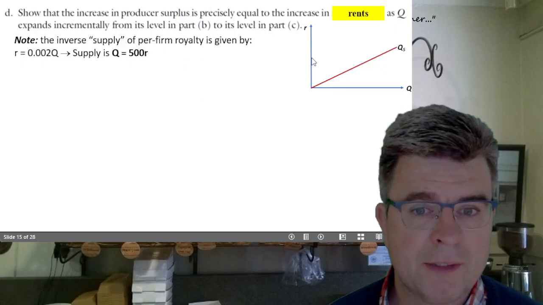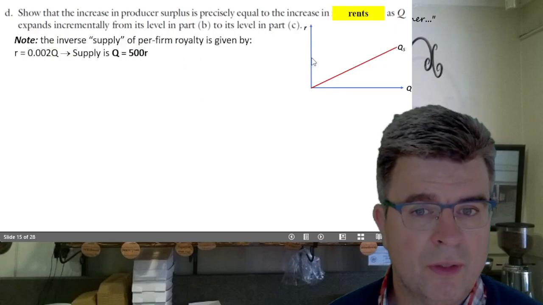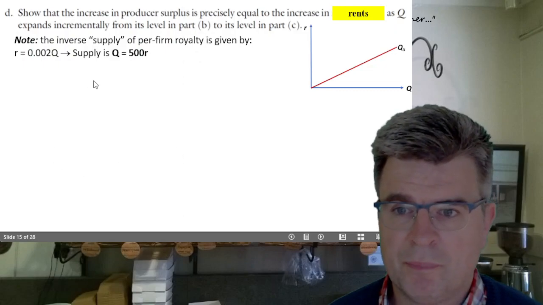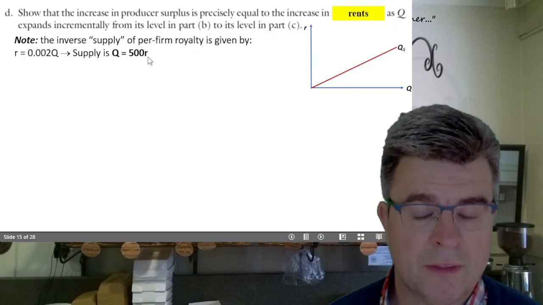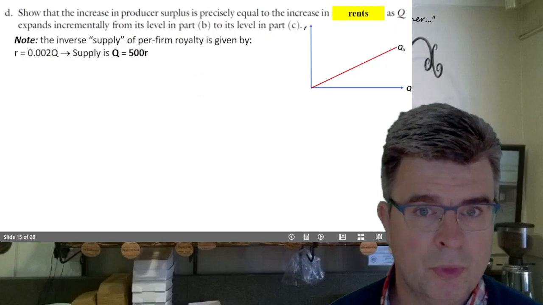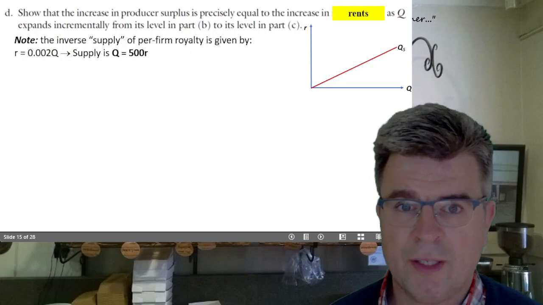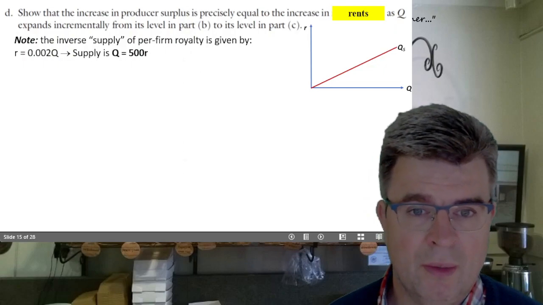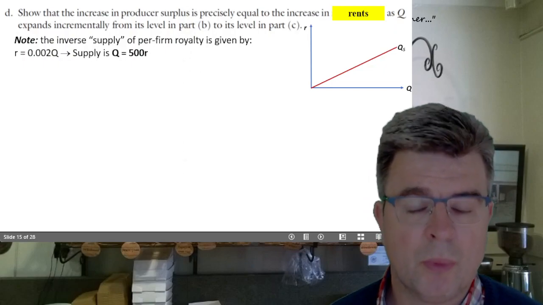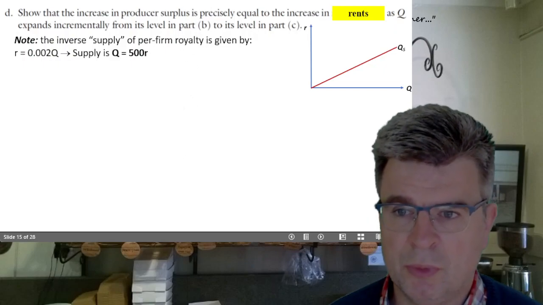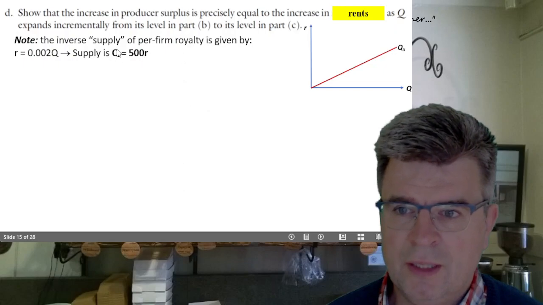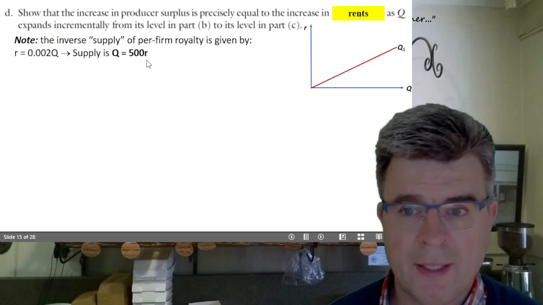But the higher the price that they receive, the more rights that they are willing to distribute. So when the royalty rate is 2 per movie, then the film studio says, well, then we are fine if you copy up to 1000 copies of the movie. So that's the supply function of copying rights.